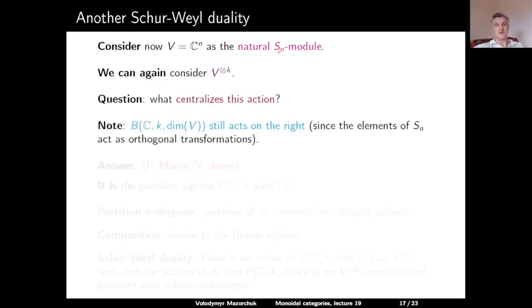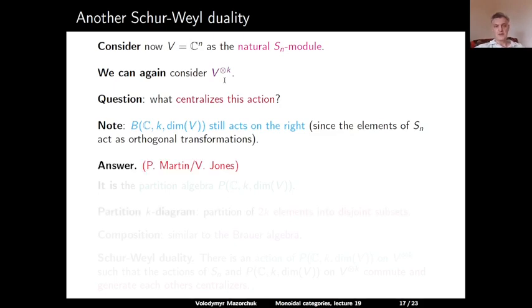Of course, the symmetric group S_k still centralizes the action when it acts by permuting the factors in the tensor product of the vector. Moreover, the whole Brauer algebra, B_k of dimension of V, still centralizes this action because each element of S_n acts as an orthogonal transformation of this tensor power.